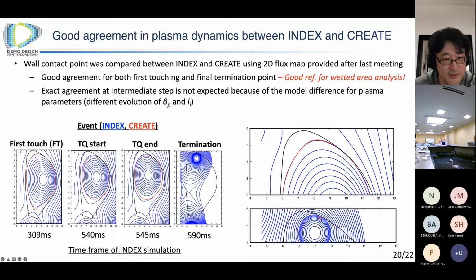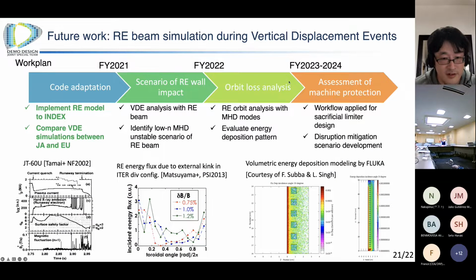You can see a relatively good agreement between the codes for the time scale and especially the contact point to the wall in each time of the thermal quench phase and the termination phase. And we believe that this is a good reference data for future simulation to discuss the plasma disruption load in demo in future analysis.